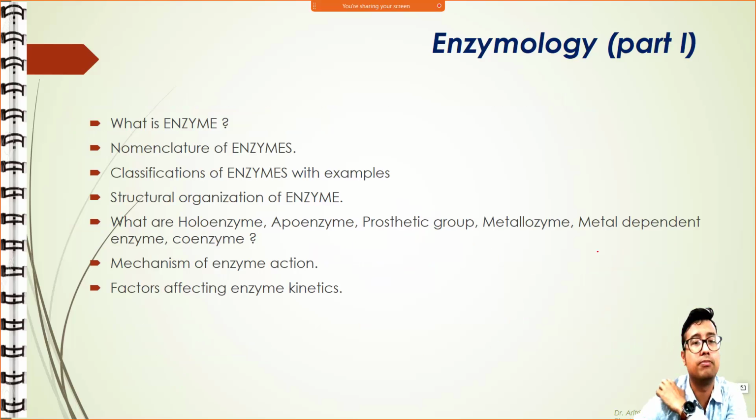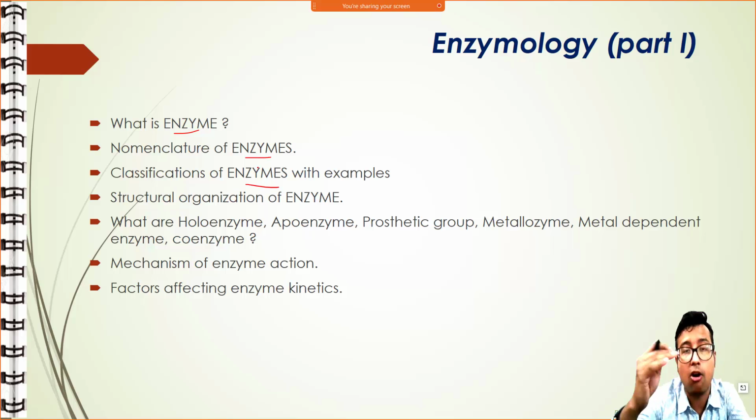Anyway, these are the areas, the questions that will be asked in Viva. So this is the checkpoint. What is an enzyme? You need to define an enzyme. Nomenclature of enzymes, IUBMB nomenclature, very important. Classification of enzymes with examples, all the 6 classes of enzymes, very important. Structural organization of enzymes, it means apoenzyme, coenzyme, holoenzyme, and multi-subunit enzyme, right?